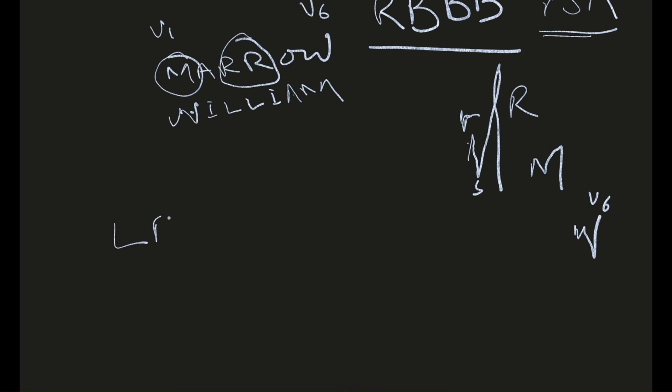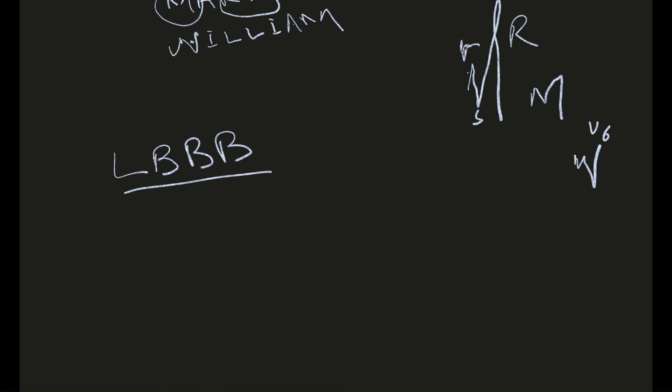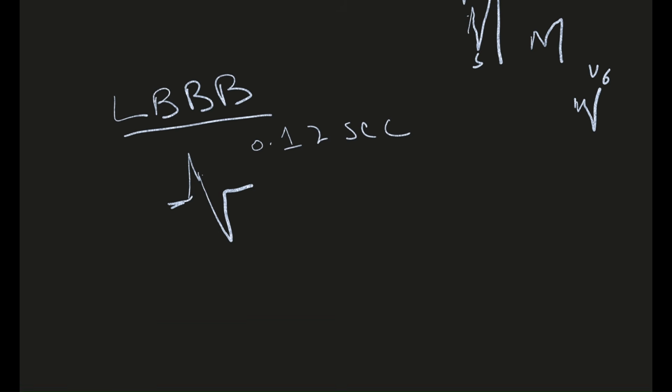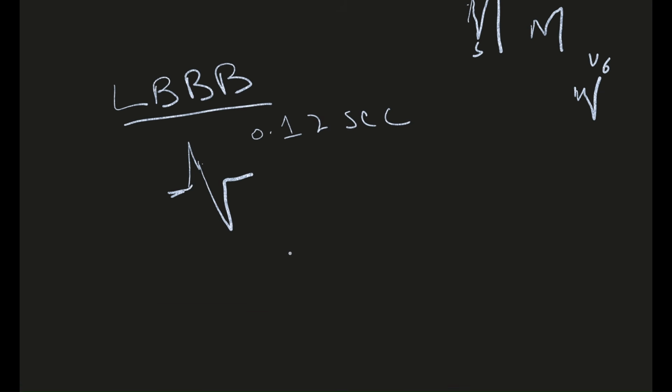On the contrary, left bundle branch block, if you find QRS complex wide, more than 0.12 seconds, and you find dominant S wave.